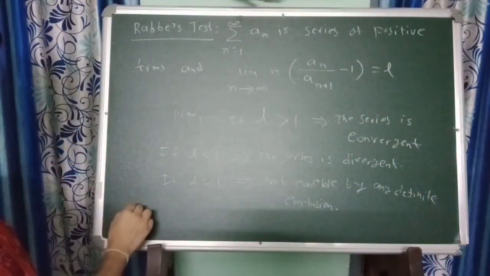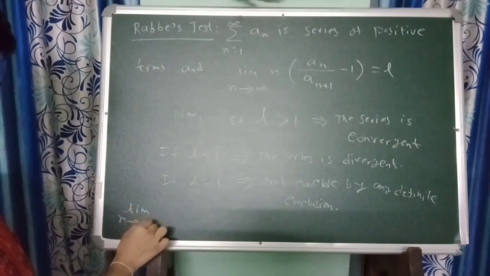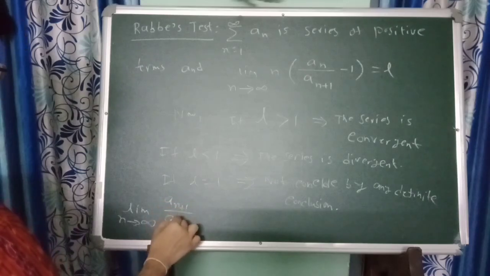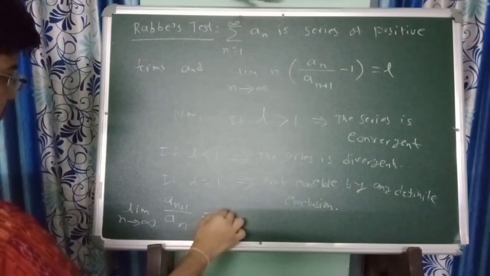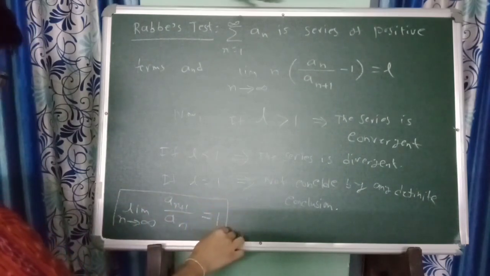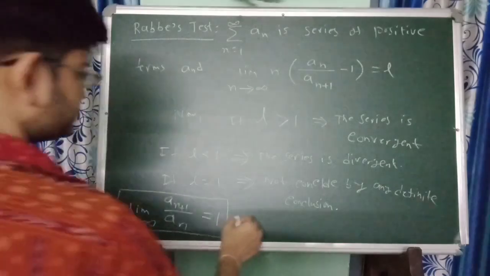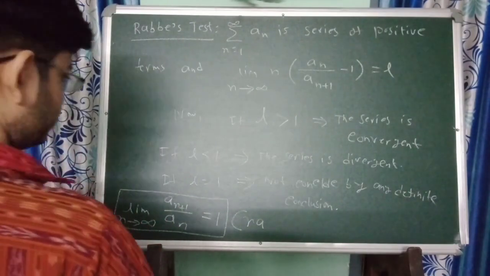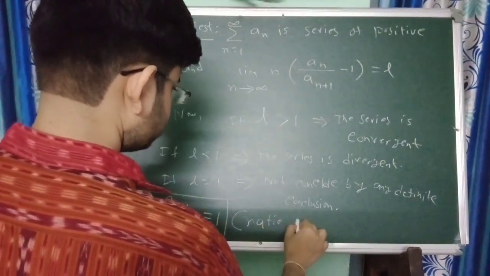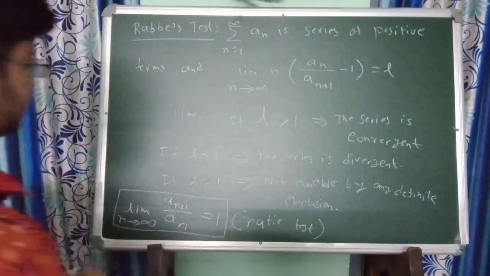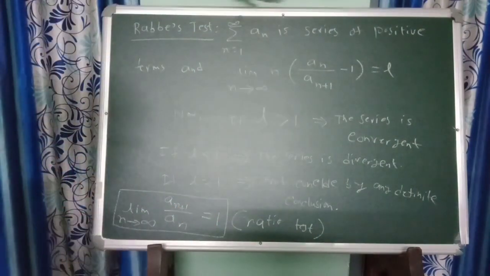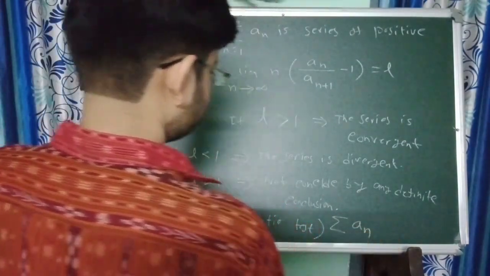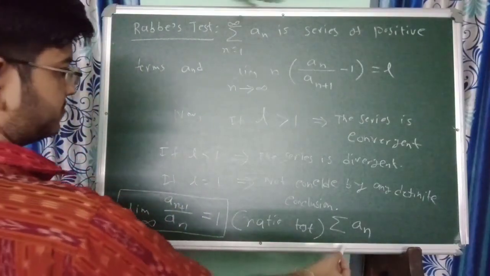We already know that limit n tending to infinity a n plus 1 by a n is 1 in case of ratio test, then we cannot conclude the convergence or divergence of the original infinite series summation a n.